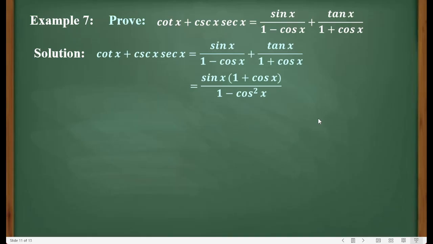What we did here is we get the LCD of these two fractional expressions since they have different denominators. So we get the product. If we multiply this denominator by this denominator, the resulting LCD is 1 minus cosine squared of x.